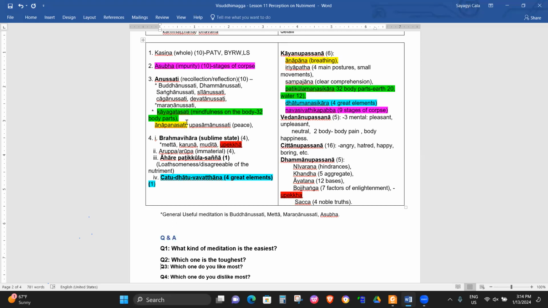I would say the breathing one is more suitable for me, as the Brahma Vihara is a bit abstract, where I have to keep reciting something or telling myself, like reading some sentences. So the easiest one for me is still the breathing one, the anapanasati. But the kasina and all this I haven't read, so I don't really have a deep understanding of what that is. So that's my comment.